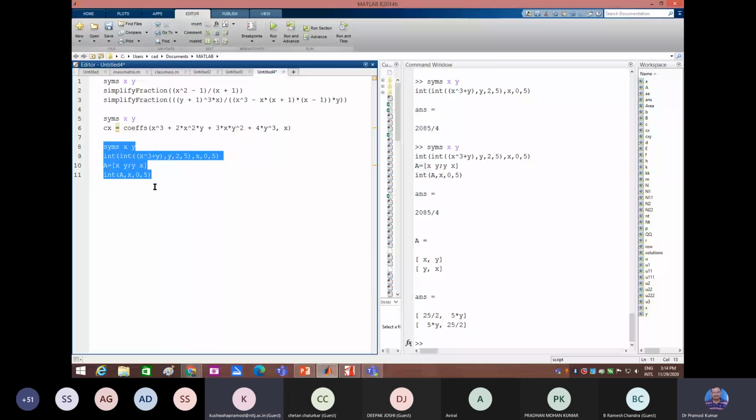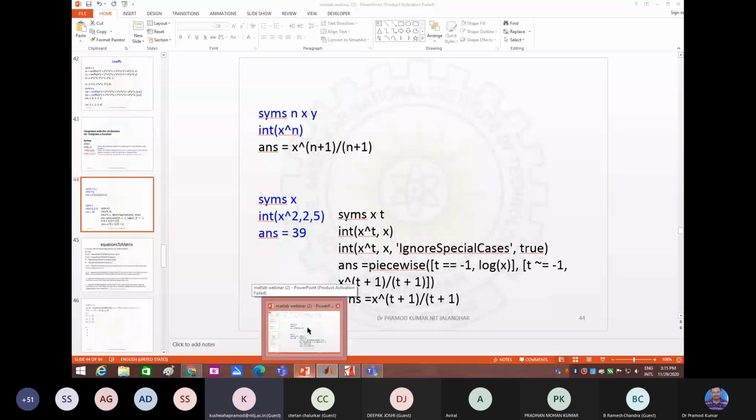That thing we use to find out the stiffness matrices in the finite element or any other problems which we can expect in modeling. Multiplication, division, all the things, similarly integration, any types of integration you can do with this.